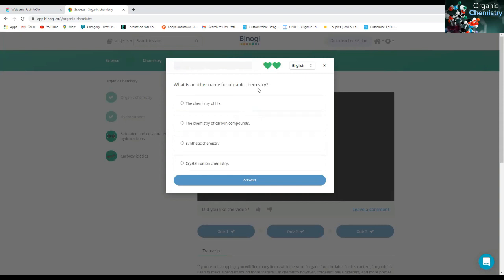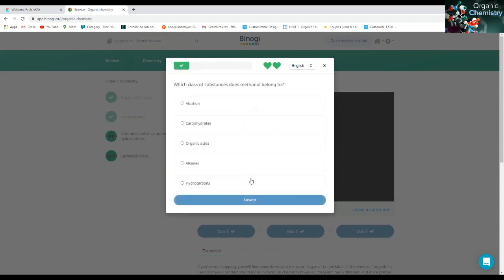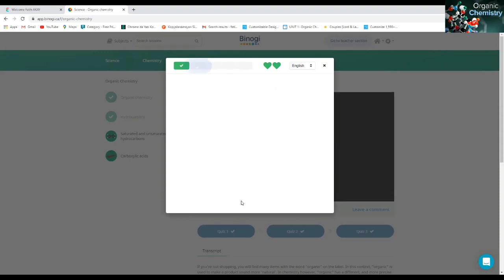What is another name for organic chemistry? The chemistry of carbon compounds. Which class of substance does methanol belong to? Methanol belongs to the alcohols.